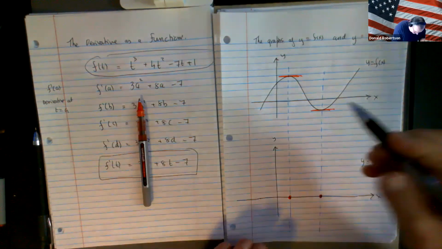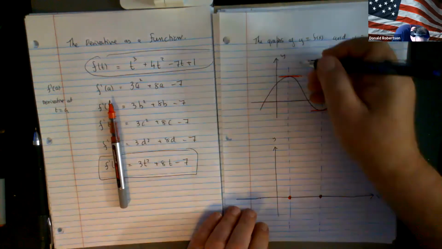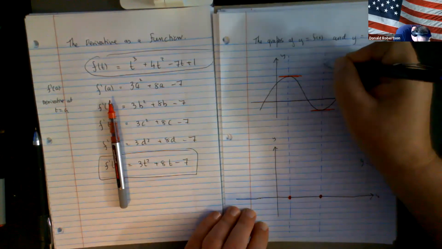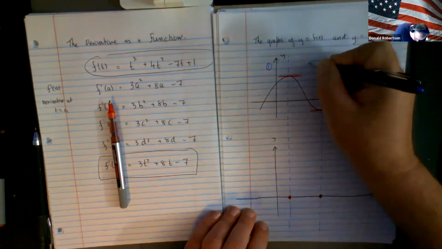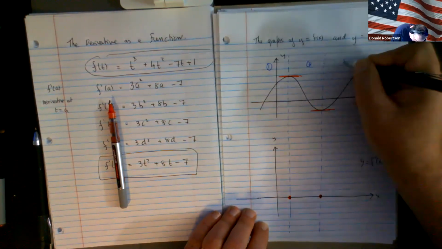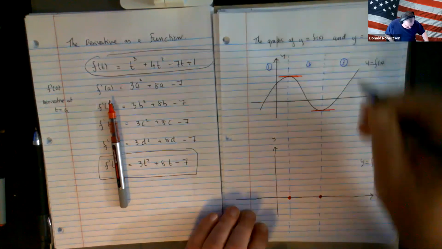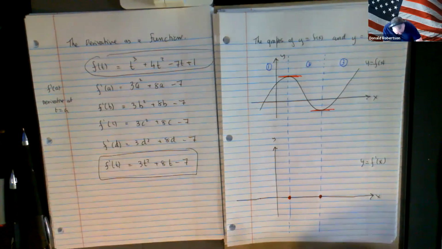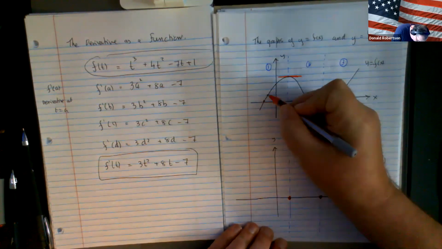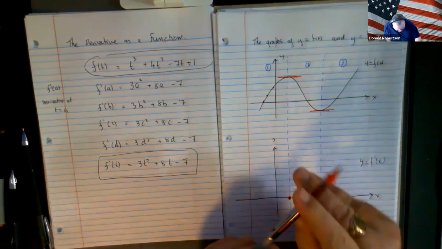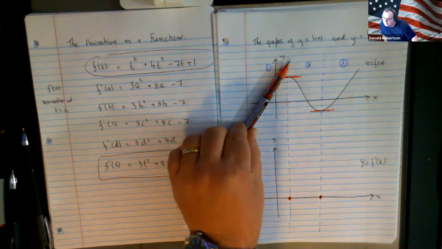Now, this picture has really been split into 3 regions. Region 1, from here to here, region 2, and from here to here, region 3. Now, in region 1, if I pick any point on the original curve, would you agree that its tangent is pointing uphill?